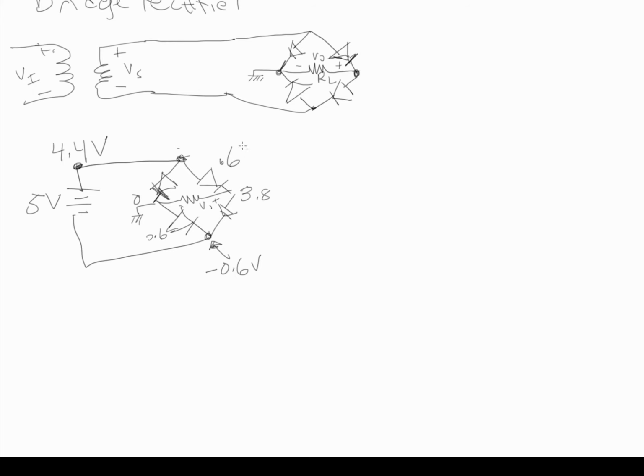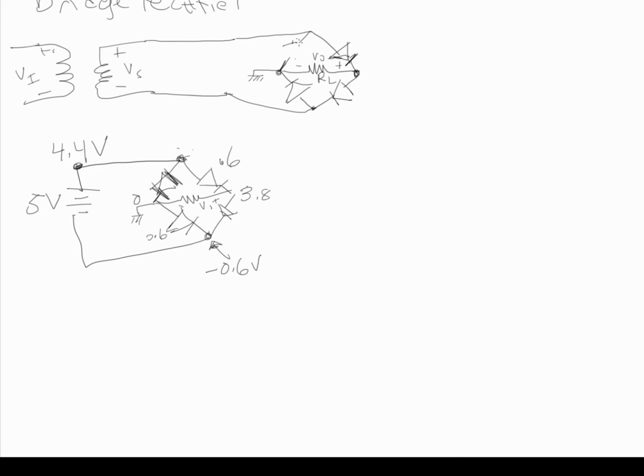So this is forward biased, but this one is 4.4 and 0 volts. Did I do one of these backwards? Yeah, I did. I drew this one backwards, so let me fix this, because that would have been totally wrong.